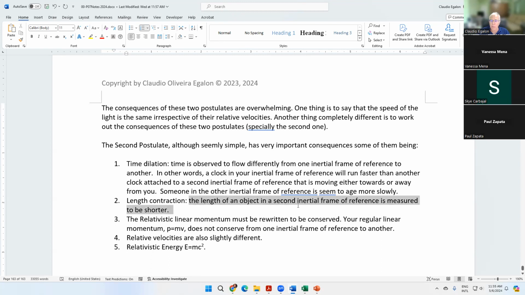The length of an object in a second inertial frame of reference is measured to be shorter.